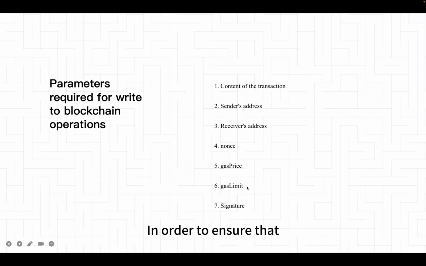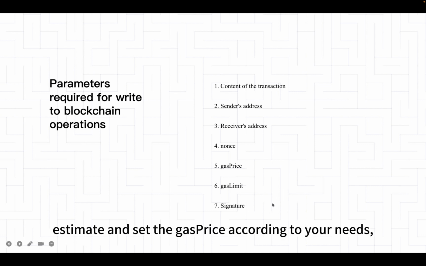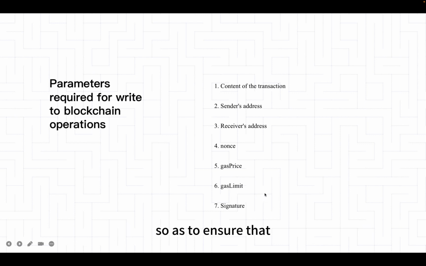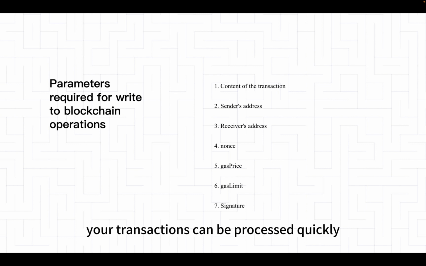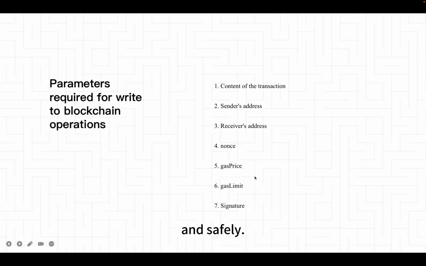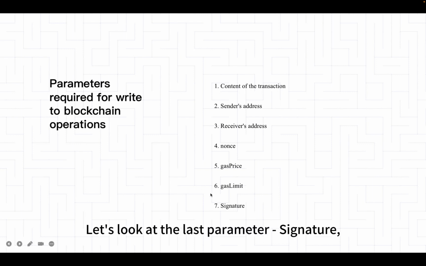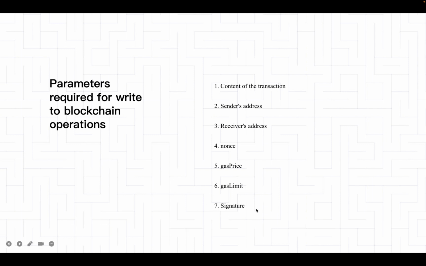In order to ensure that your transactions are processed by miners as soon as possible, you can check the latest network status and reasonably estimate and set the gas price according to your needs, so as to ensure that your transaction can be processed quickly and safely.